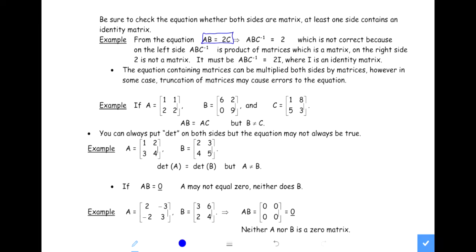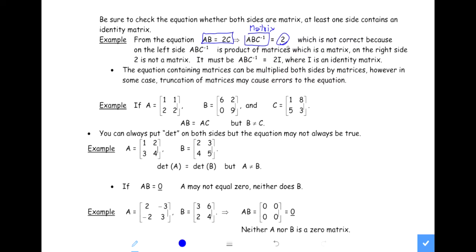But some students, maybe not all of them, will move C to the left, and in that case we have this one. A is a matrix, B is a matrix, and C inverse is also a matrix, right? But on the other side, that student will just have a constant 2 left.